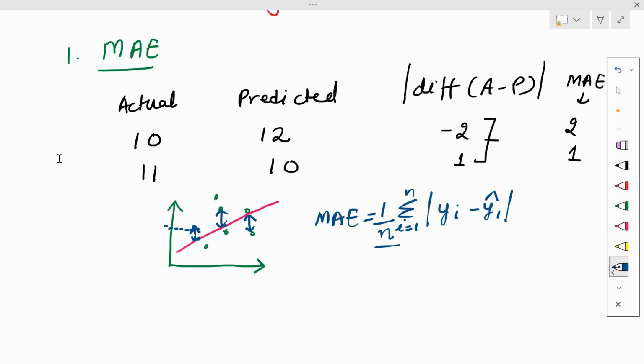So if we talk about this case, in this case, the summation will be 3 and we will divide it by 2. So the final value will be 1.5. We can say in this case, on average, the predicted values are deviated by 1.5 units from the actual values.